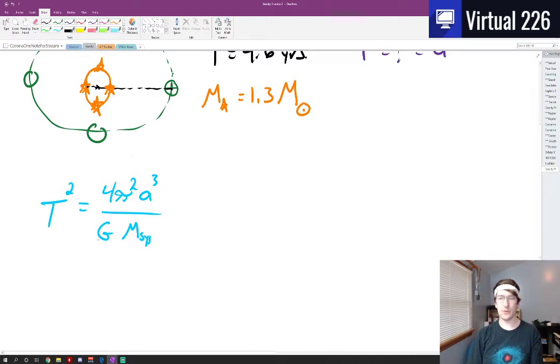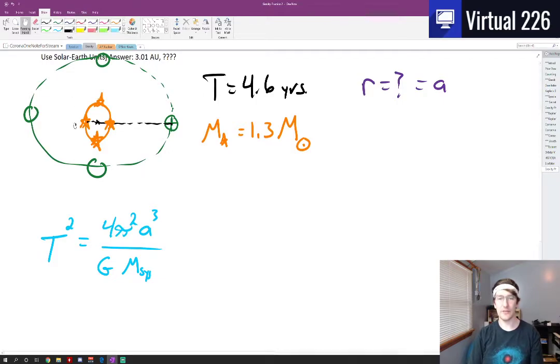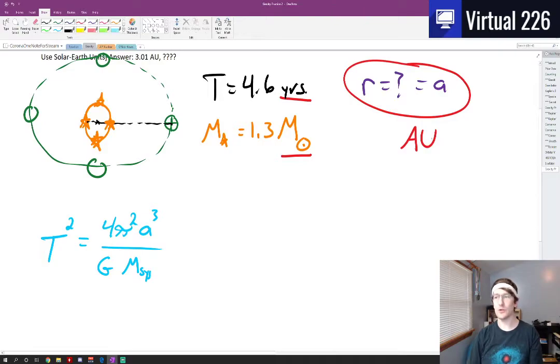We could run this equation, but what's actually going to be a little bit easier for us is to take this equation and to recognize that because we are in years and solar masses, if we solve for this radius, the semi-major axis, in terms of astronomical units, and if you recall, an astronomical unit is the distance between our Earth and our sun.